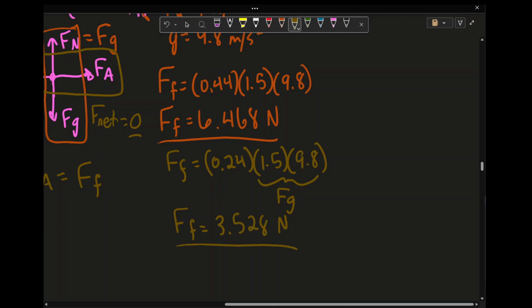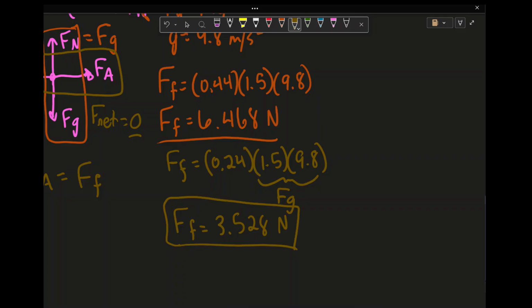So that value is the amount of force necessary to keep the object moving at a constant speed. If we want it to accelerate, we're going to need to apply more force than this value. This value is what is required to keep it moving at a constant speed. So what do we do?